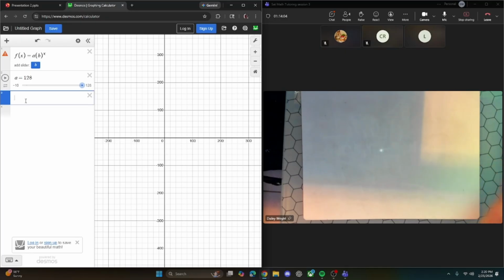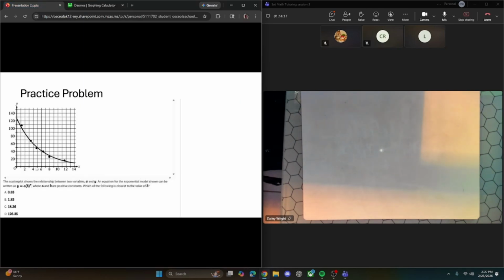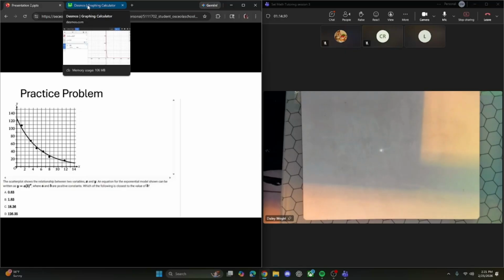But if we plug in each answer just in case, this one's decaying. The reason it doesn't look like this graph is that the x-axis only goes up to 14, while the y-axis goes up to 140.